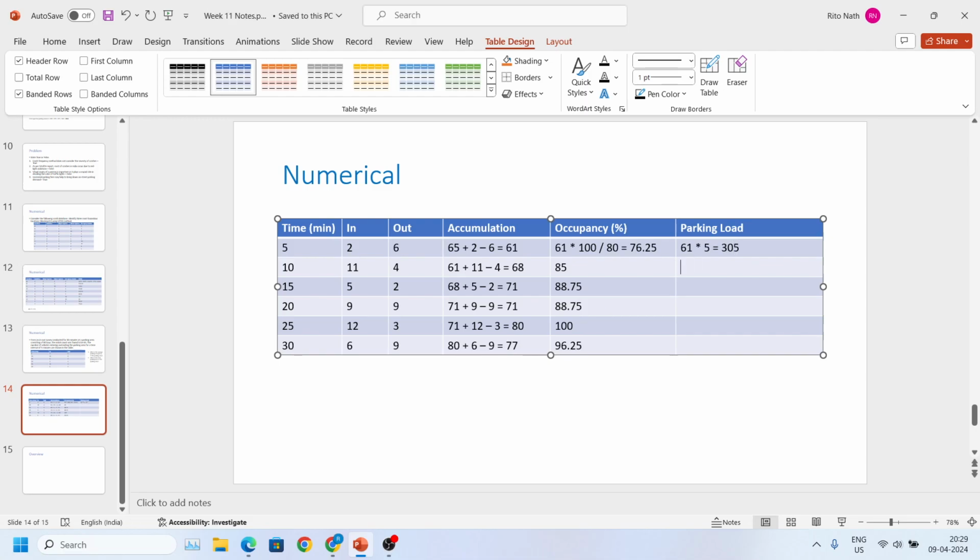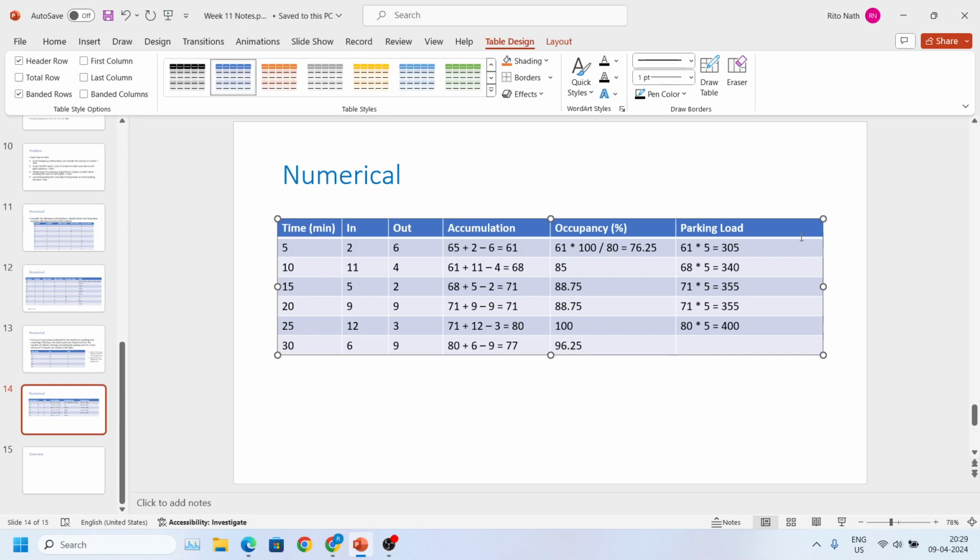The next one is 68 times 5, which is 340. This one is 71 times 5, which comes out to be 355. This is also 71 times 5, which is 355. Finally, this is 80 times 5, which is 400.